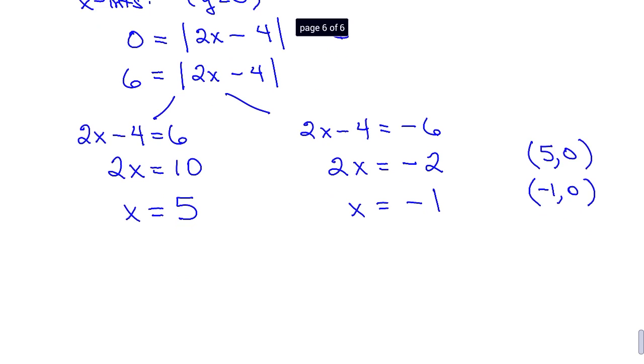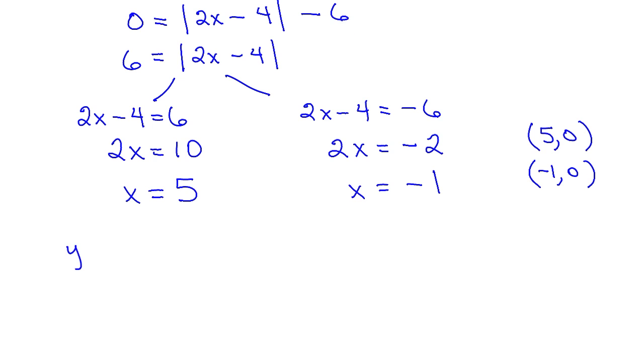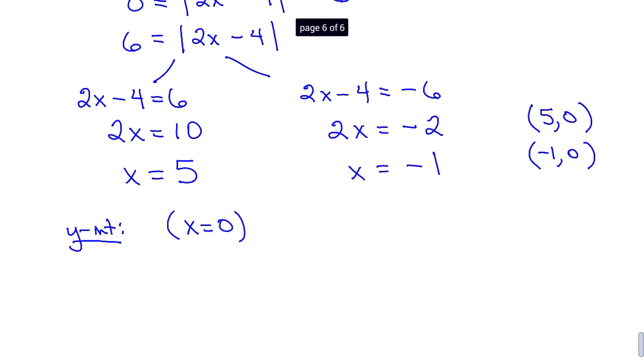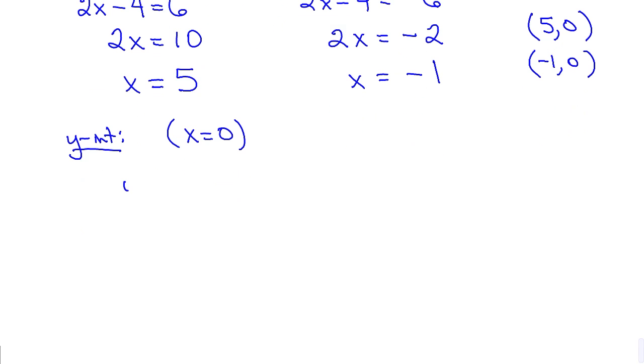Let's find the y-intercept. So the y-intercepts are where x is equal to 0. So I'm going to plug in x equals 0 in my equation. So y is equal to the absolute value of 2 times 0 minus 4, minus 6.